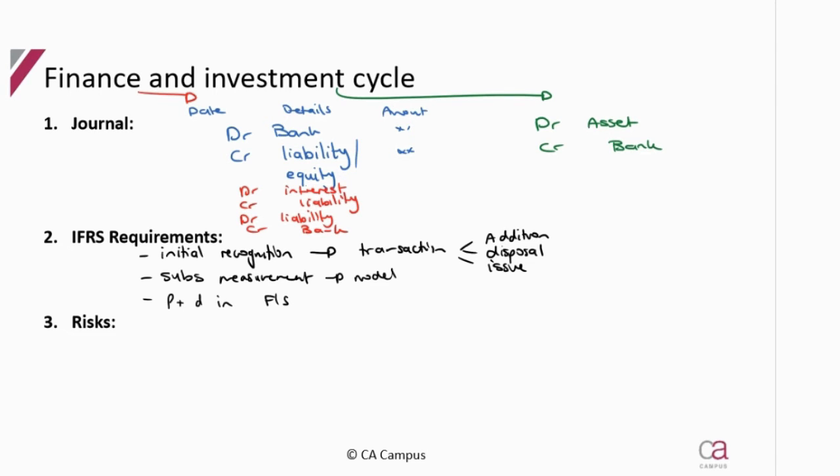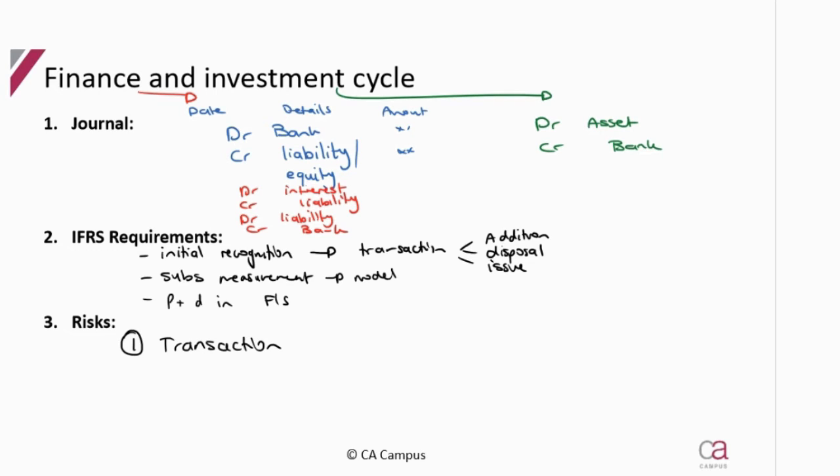Okay, the risks here. You have to see the two elements to it, guys. You have to see the transaction side first. When they are initially recording that asset that they've bought or that liability that they've just incurred, it is a transaction.